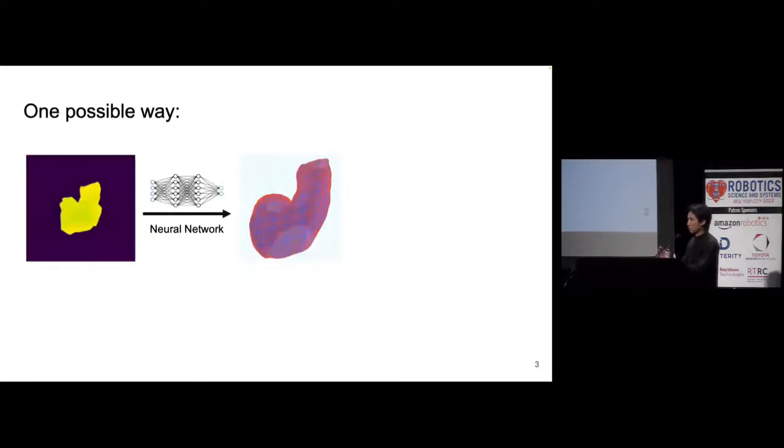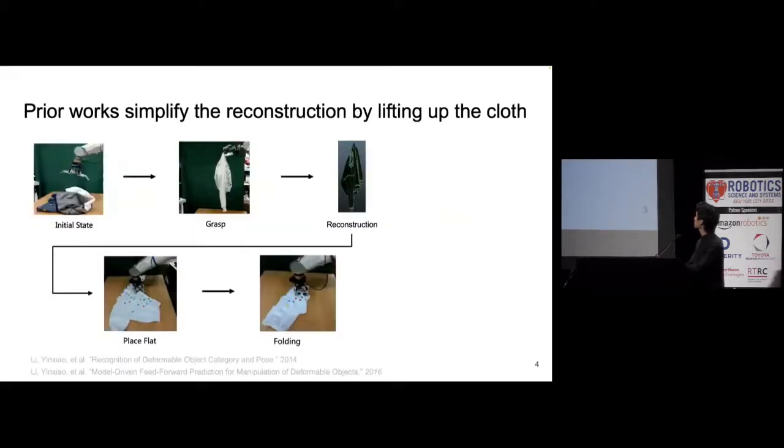One possible way for inferring the occluded regions is explicit reconstruction by using a neural network. However, this is extremely challenging even for the best neural network due to the deformability and high dimensionality of the cloth, as well as the ambiguity caused by occlusion. Prior works try to simplify this challenging issue by using robot action.